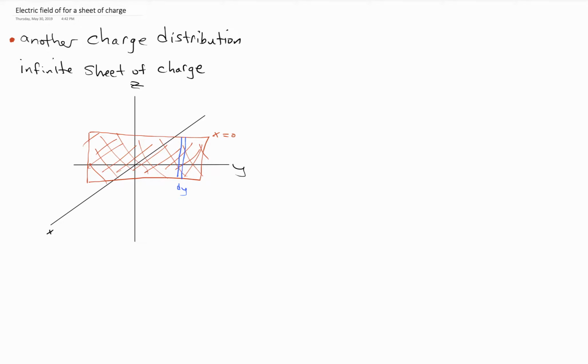This is the last distribution in the chapter, and this is the infinite sheet of charge. And so the goal of this section is to determine the electric field for this charge distribution.